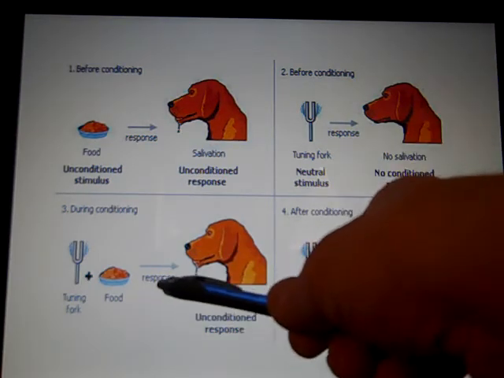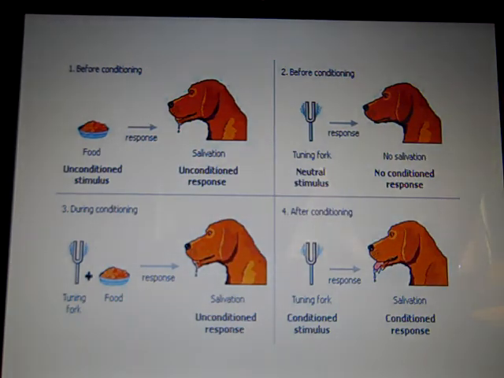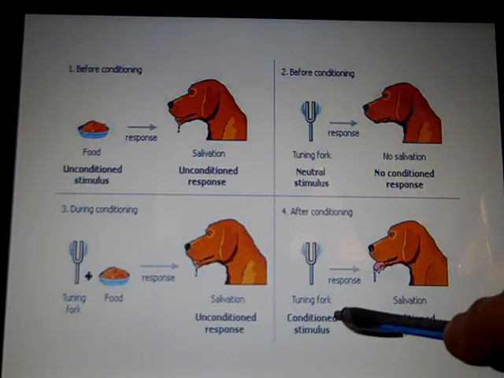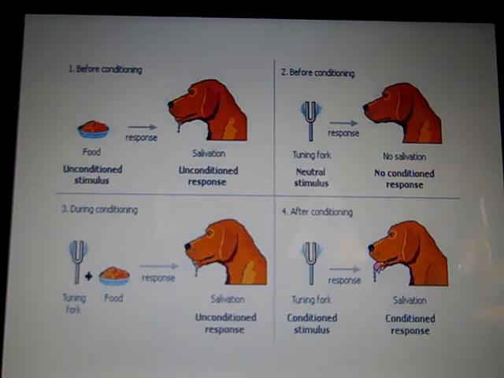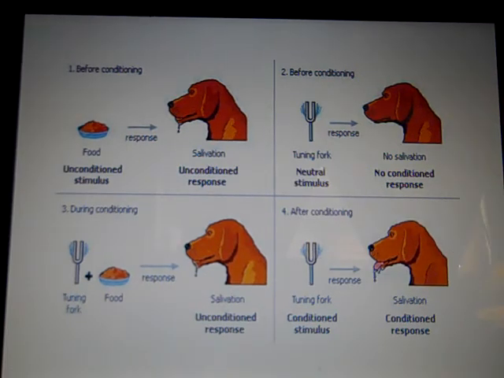During the conditioning, Ivan Pavlov rings the bell, there's a pause, then he presents the food, and then the dog salivates to the food. Now, over time, the dog has learned that anytime he hears the tuning fork, he immediately salivates. Not to the food, but to the tuning fork. So the conditioned stimulus now is the tuning fork, and the conditioned response is the salivation. So that's the classic example.